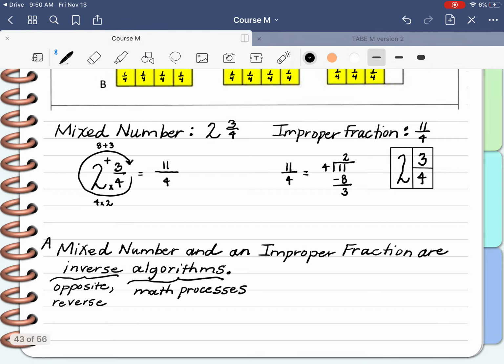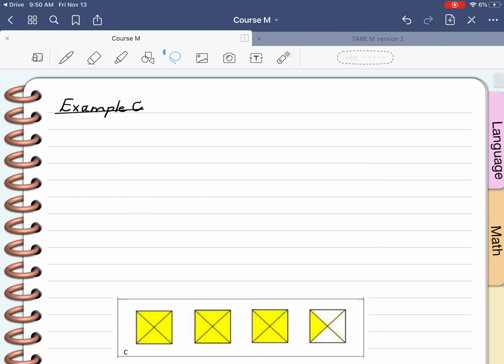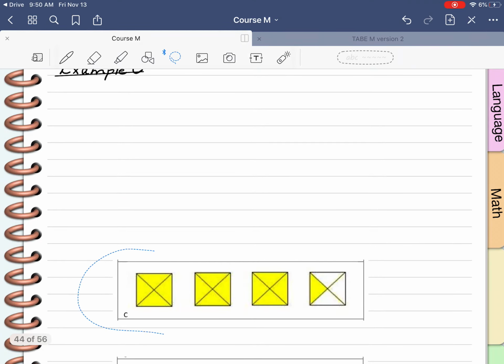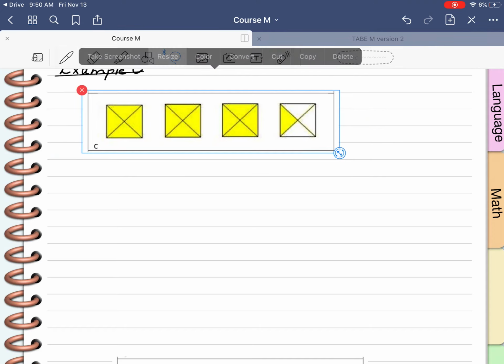Okay, let's look at example C. And I have this one already on this page. So example C is this picture. Let me get rid of B. I didn't mean to keep a copy. And here is C. We have a set of squares.